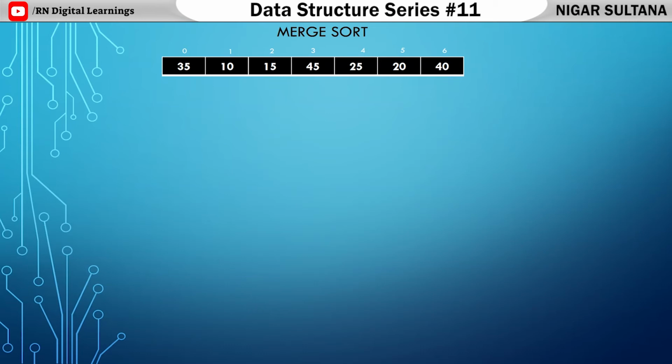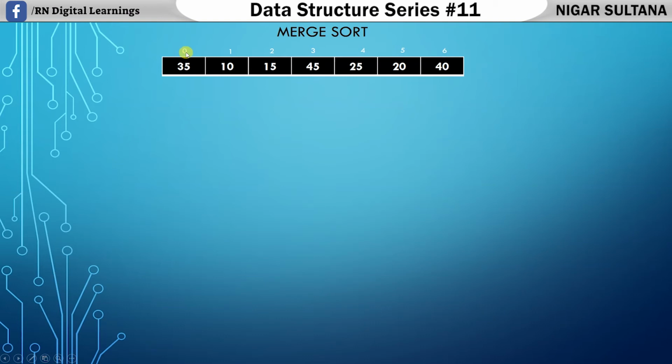So now we have 7 elements here. How will you divide this? Based on the mid value. Here the mid value is 45, because 35, 10, 15 come to the left part and 25, 20, 40 come to the right part. Now 45 is my mid element. The formula to find the mid is low plus high divided by 2.